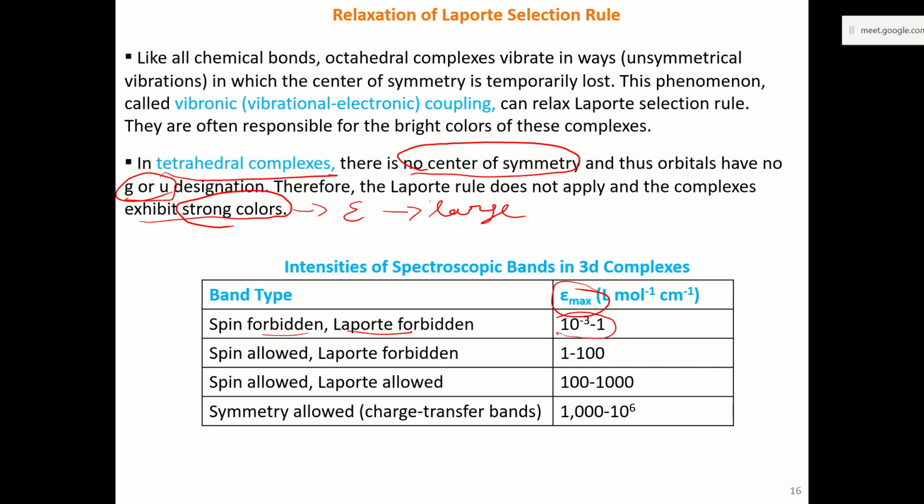So the absorbance value will be very low. For spin allowed but Laporte forbidden, one of the rules is followed but the other is not, so it is slightly higher than the previous case. But when you have spin allowed and Laporte allowed, you have a huge increase in the epsilon value.